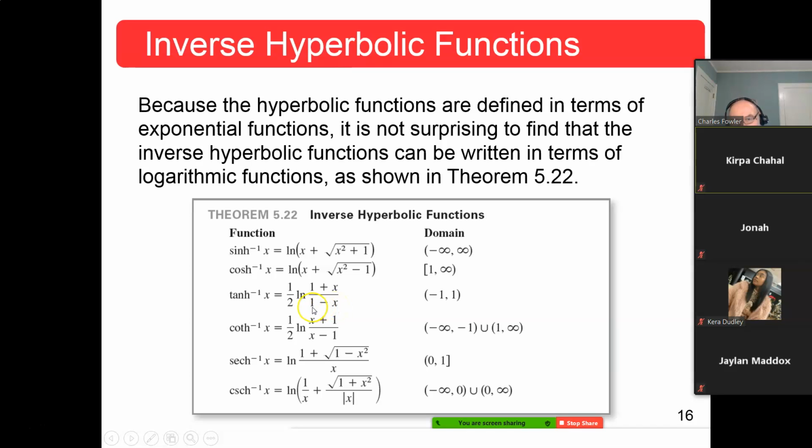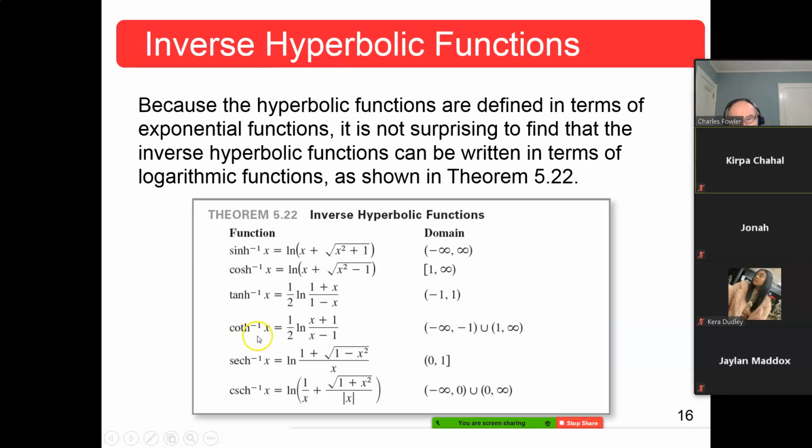Greater than 1 wouldn't work because your denominator would be negative and the numerator positive, so that would be a negative fraction, and you can't take the log of a negative number. If you're less than -1, this would be negative and that would be positive, and you still can't take the log of a negative number. So this definition of inverse hyperbolic tangent is only good from -1 to 1.